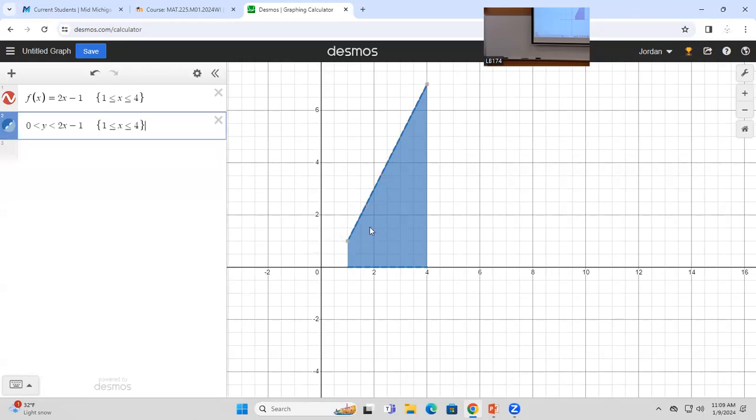If you look at this area, this is basically a triangle along with a little rectangle. And so you could use geometry to say, well, what's the area of this rectangle? What's the area of this big triangle? Add them together and get an area.